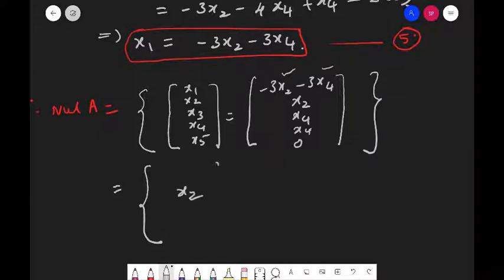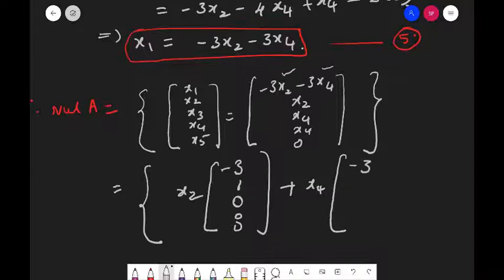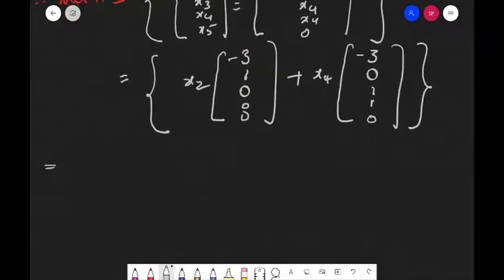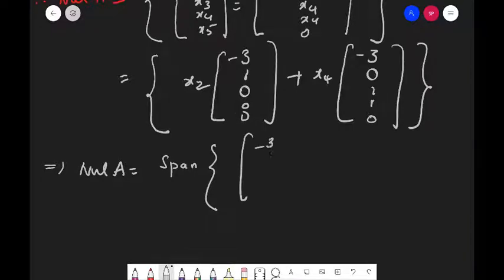So x2 into, what is the x2 coefficient? Minus 3, then 1, and then 0, 0, 0, plus x4 into, what is the x4 coefficient? Minus 3, in the second row no x4, third row it is 1, fourth row 1, fifth row 0. Which implies null space of A is the span of these two vectors: (minus 3, 1, 0, 0, 0) and (minus 3, 0, 1, 1, 0).